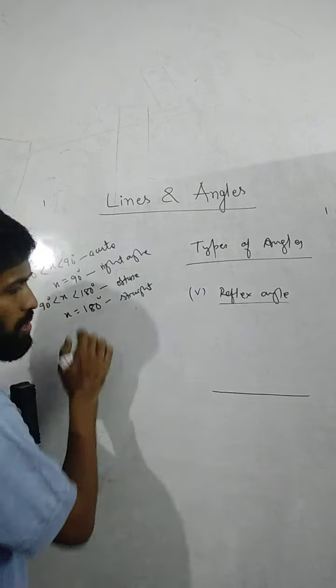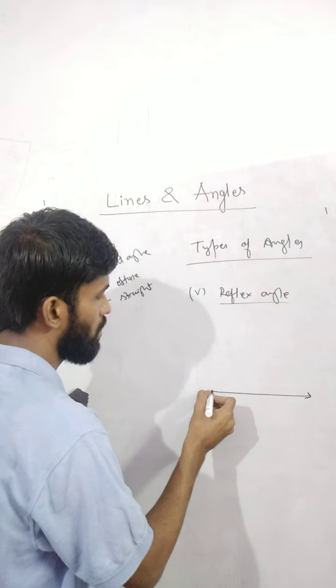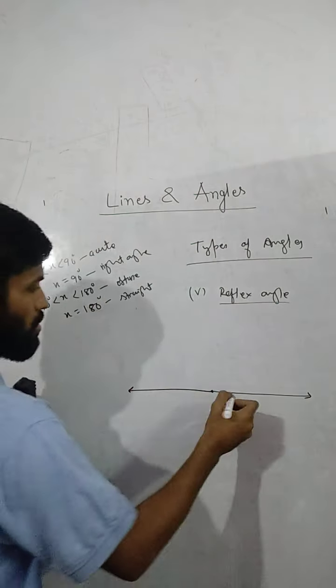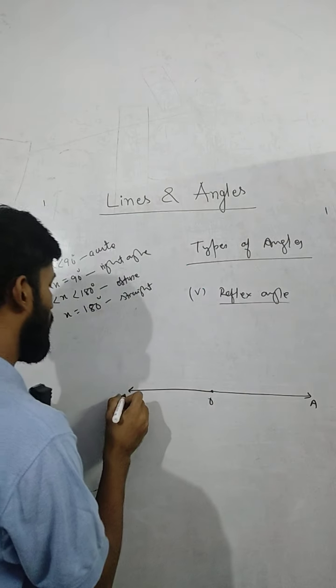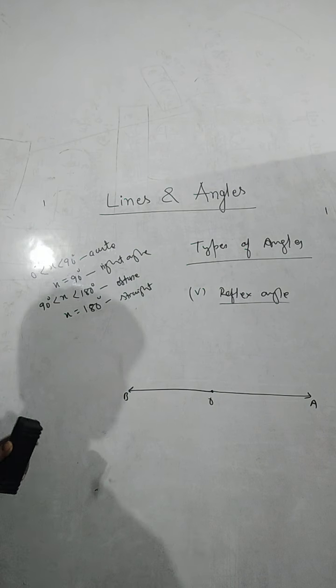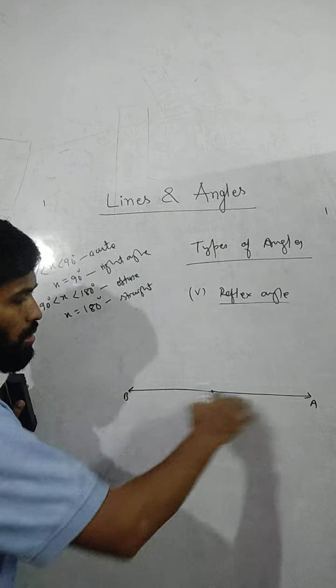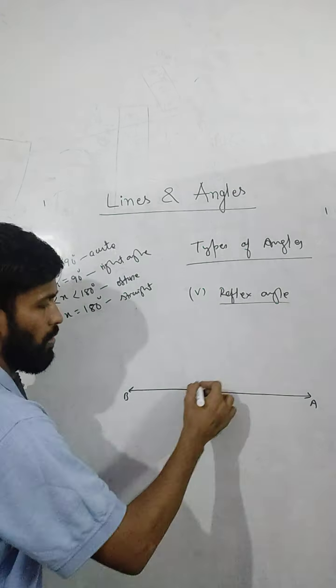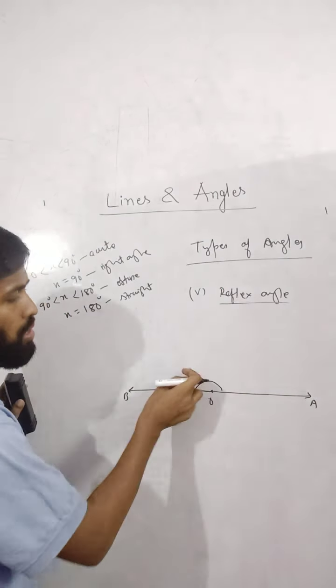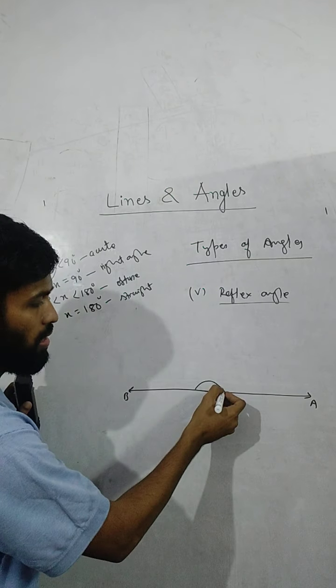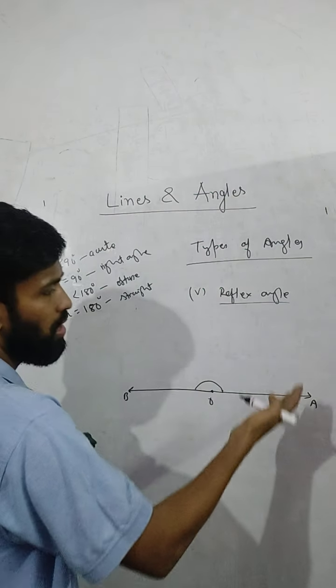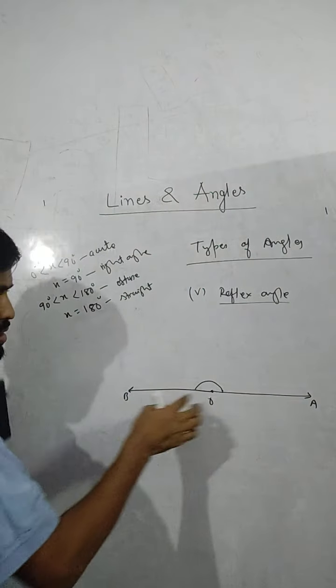If we consider the previous case, these two rays, ray OA and OB, or angle AOB or BOA or angle O, are straight anti-parallel, making an angle of 180 degree, but we need more than 180 and less than 360.